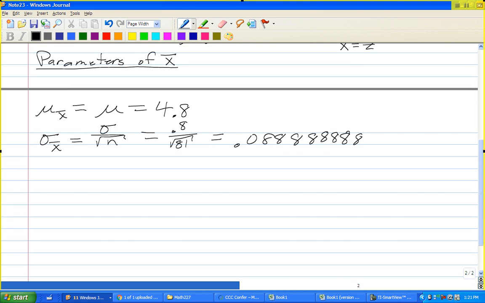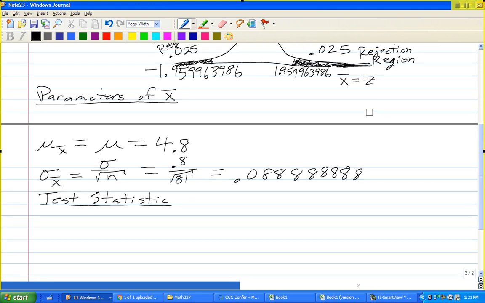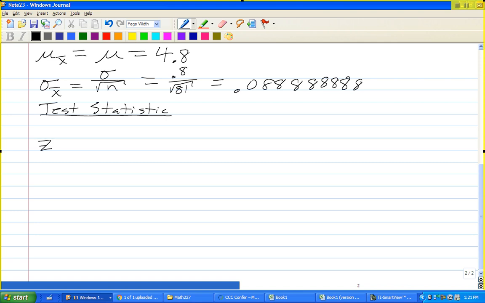And so now let's determine the test statistic. Well, you've already seen the test statistic. I have a z, so it's z. And what is z equal to? Well, z is x minus mu over sigma. And so for all the rest of these hypothesis tests, almost to the end of the semester, that's the formula we use, z equal x minus mu over sigma.